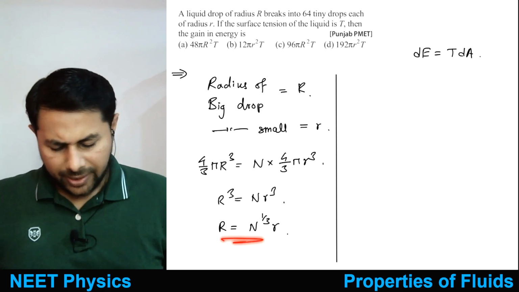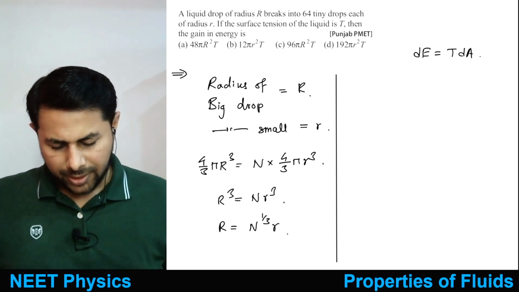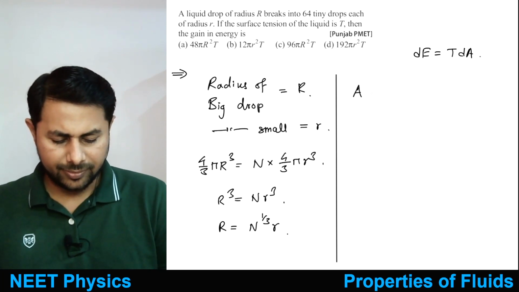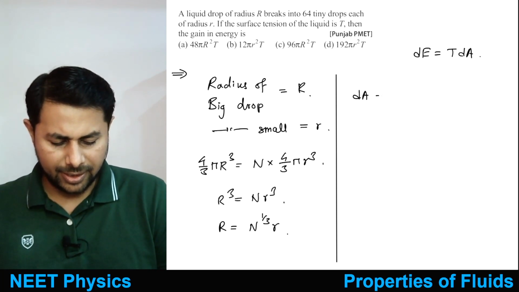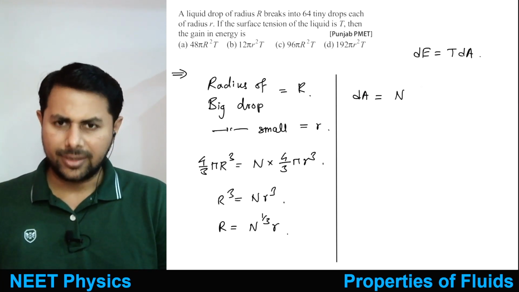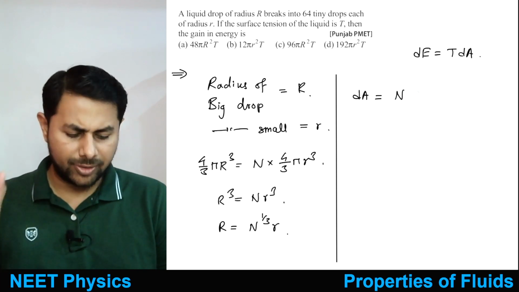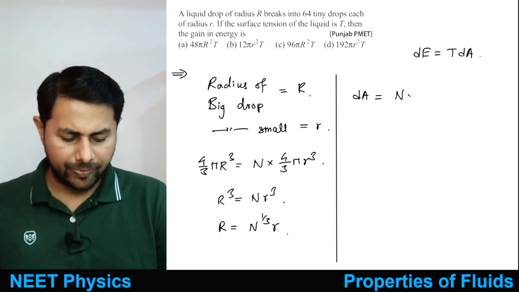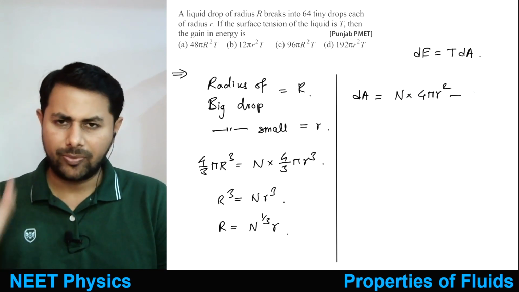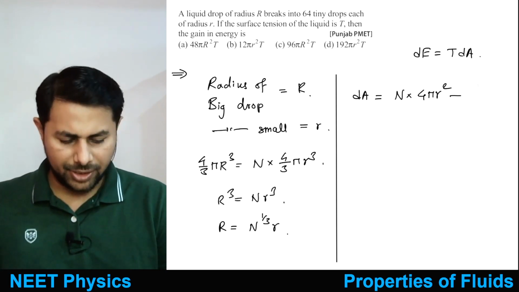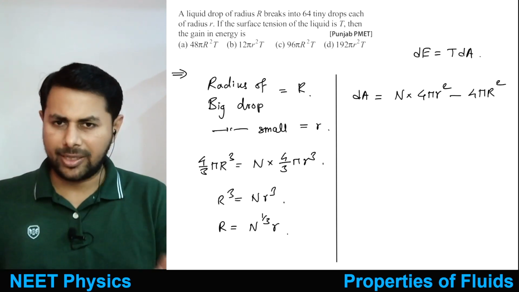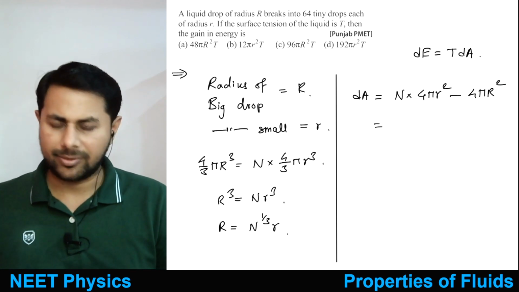Then you want the change in surface area. So change in surface area dA is equal to n times the surface area of one small drop, that is 4 pi r square, minus the surface area of one big drop, right? Initially it was only one big drop, that is 4 pi R square. The drop is spherical, that's why the surface area is 4 pi r square.